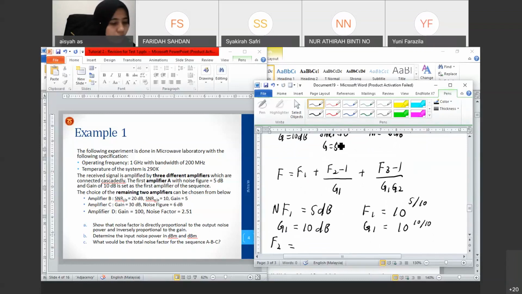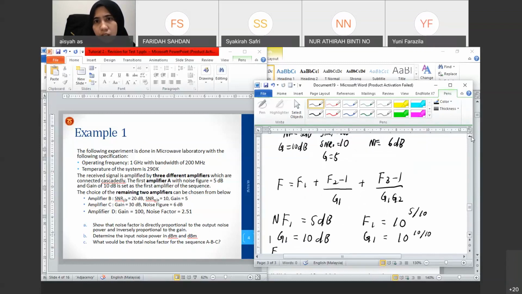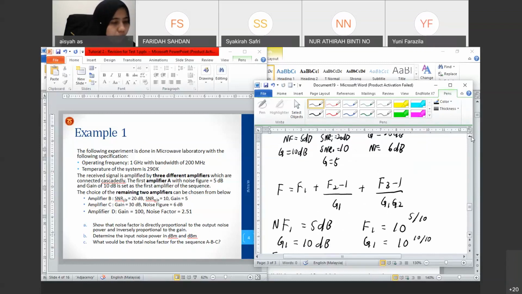For this one, SNRI is given in dB, but SNRO is linear.